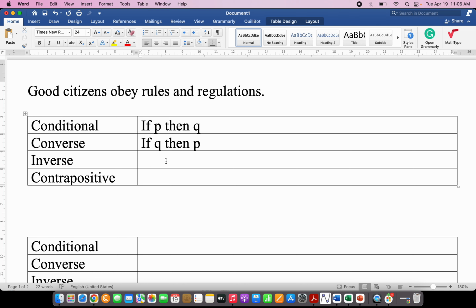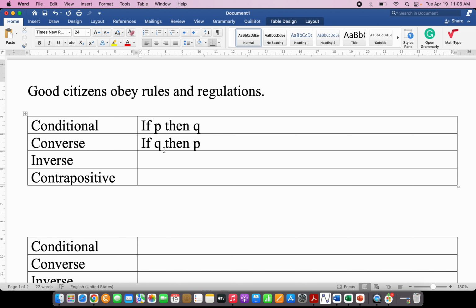And then the inverse, kapag sinabi nating inverse, we negate. Kapag sinabi nating negate, binabaliktad natin siya by using the word not. Okay? If it's positive, magiging negative.